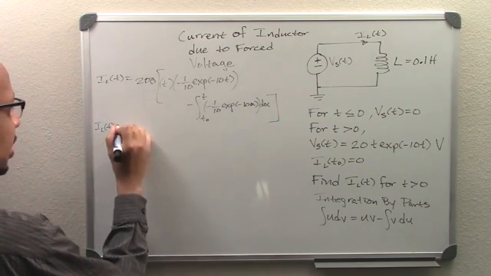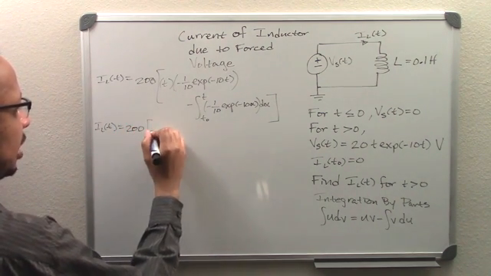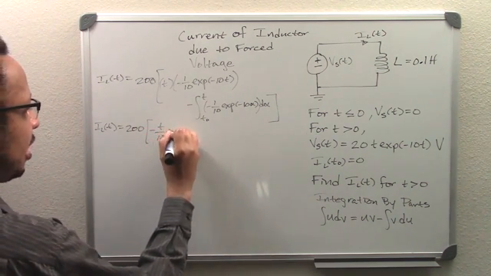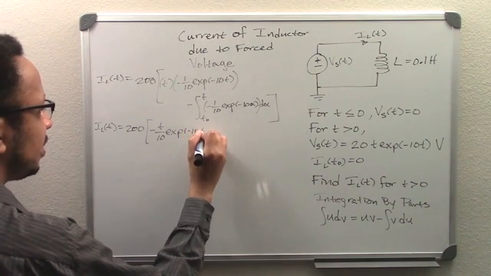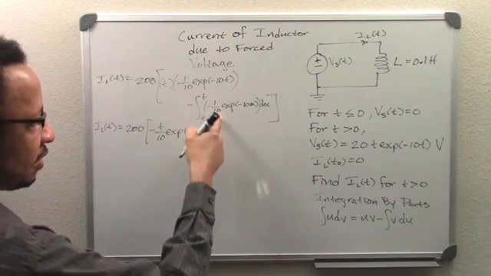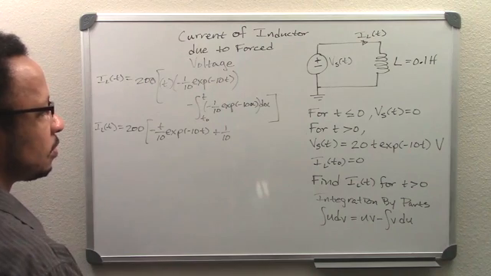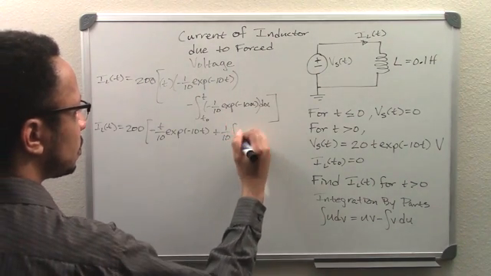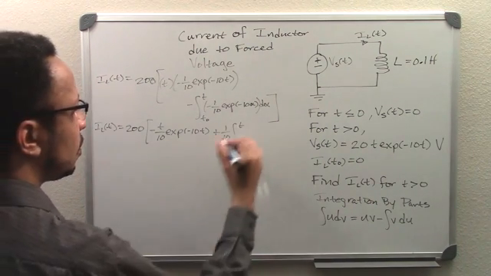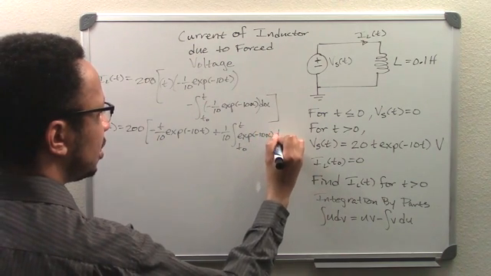IL of t is now equal to 200 times negative t over 10 exponential negative 10t, plus, bringing this constant out in front, 1/10 times the integral between t and t sub 0 of exponential negative 10 alpha d alpha.